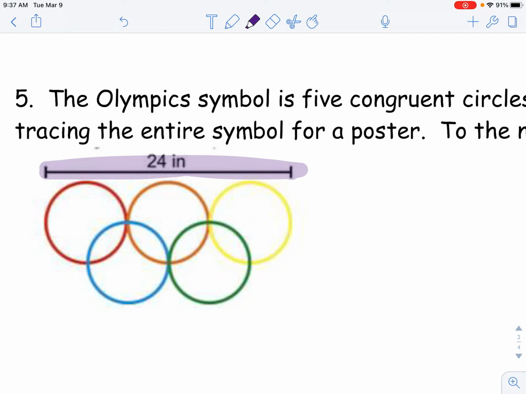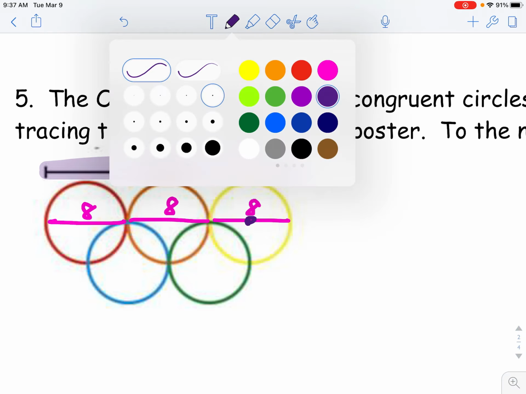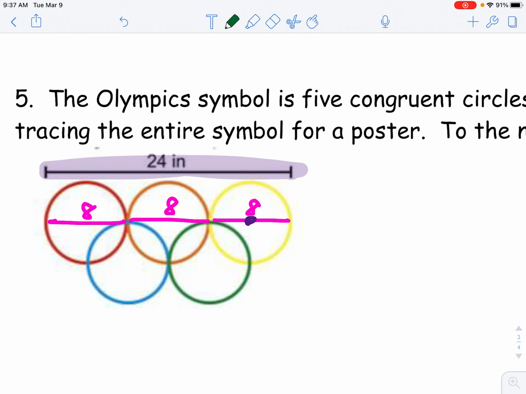This is 24, a whole width of 24. Well, then that means that this is 8, this is 8, that's 8. So what I can say is that the circumference is pi times diameter.